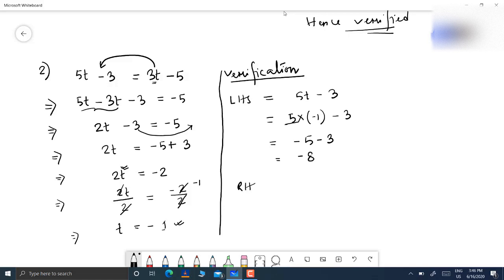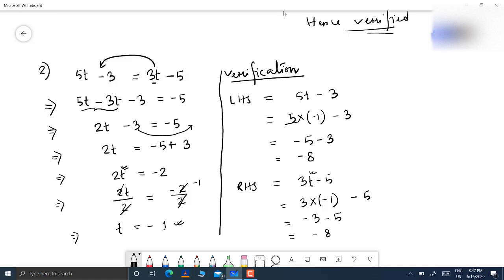While on the right hand side, checking the right hand side, I'm getting 3t minus 5. In place of t, again what do I have to put? In place of t, I have to put minus 1, minus 5. So positive into negative, the term will be negative, then minus 5, the result will be equal to minus 8.